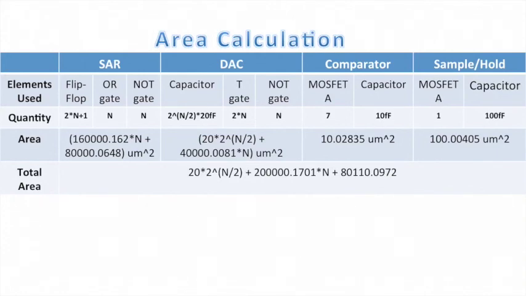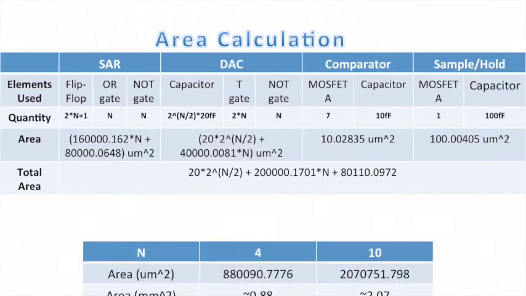So this will allow people to easily copy our schematic and extend it to an n-bit system. And as you would expect, the area would scale by these formulas, and the total area that we calculated for a 4-bit system turned out to be almost 0.88 millimeters squared, which is quite big, but I'm assuming it is justified because we have chosen really small values because we wanted to consume lesser power.